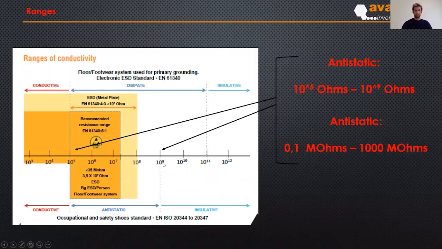It means that if you have a material with 10 to 10, 10 to 11, the material is insulative in terms of conductivity. If we go to conductive, a material is considered conductive when it has a resistivity lower than 10 to 5. But imagine that, for example, when we previously talked about copper it was 10 to minus 8.